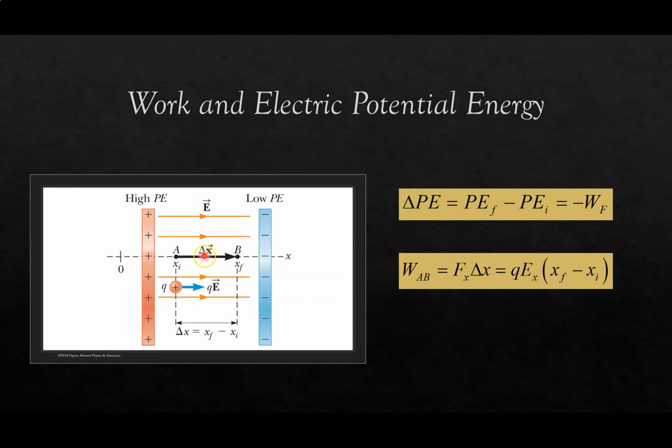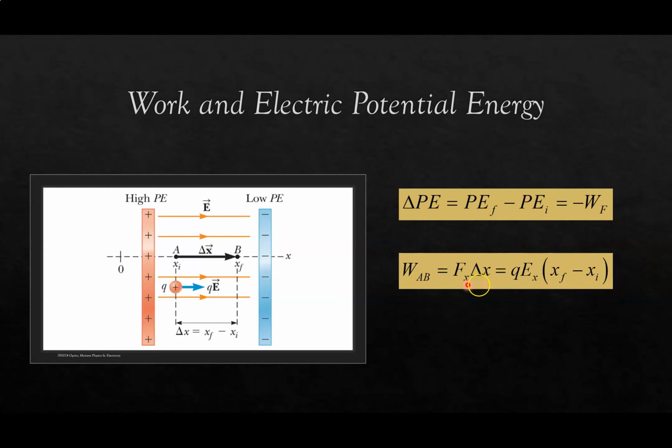the work done on the charge by the electric field is equal to the product of the electric force, which is Q times E, and the displacement. The equation is like here.